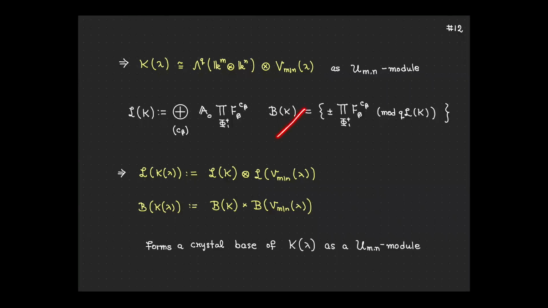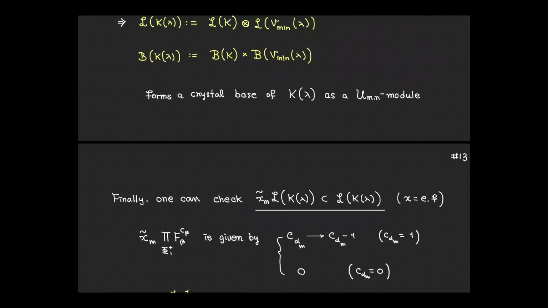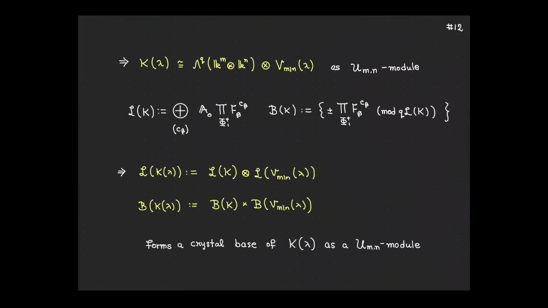Actually, we have to mod out by the plus minus to have a linear basis. But sometimes in the super case, when you apply the crystal operators, plus minus appears, so we have to ignore it. That's why we consider a signed basis.